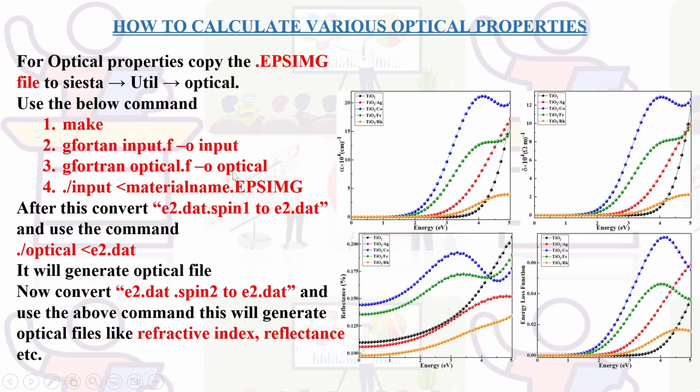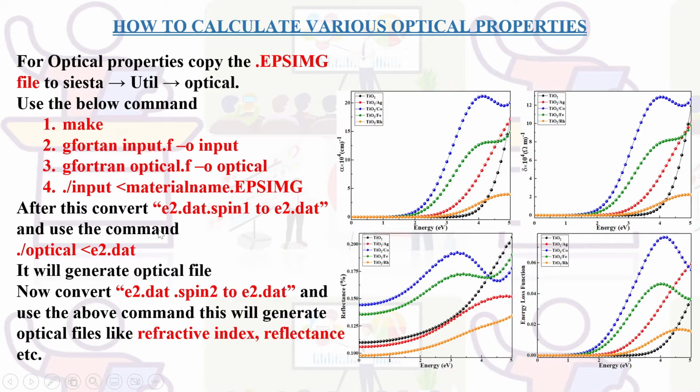These two files you need to compile, and finally we will use dot slash input and the output which is given by SIESTA during the optimization. So this is the system label material name dot EPSIMG, and when you run it, it will give you the output file e2.dat.spin1. Then we will convert this to e2.dat, and that e2.dat we will use with the optical.